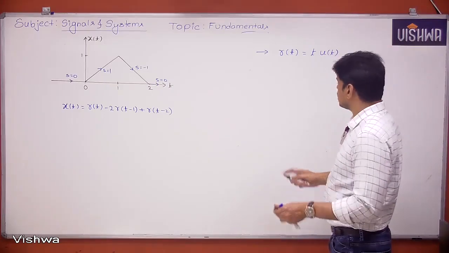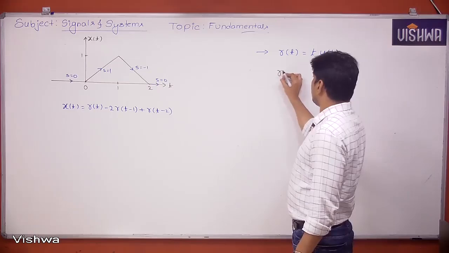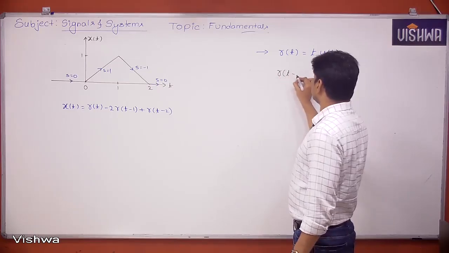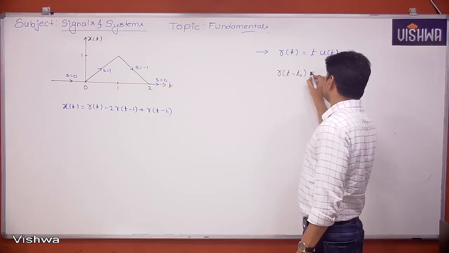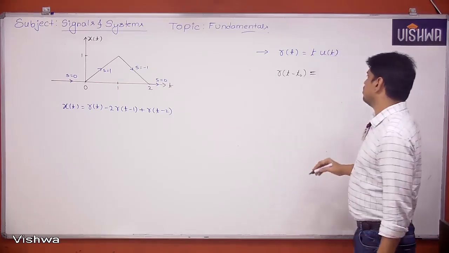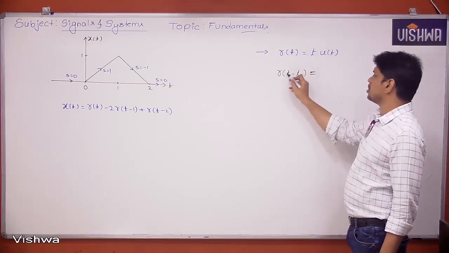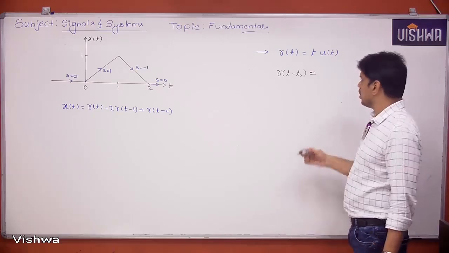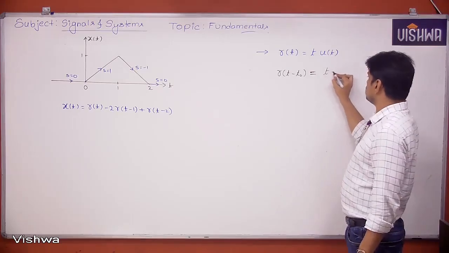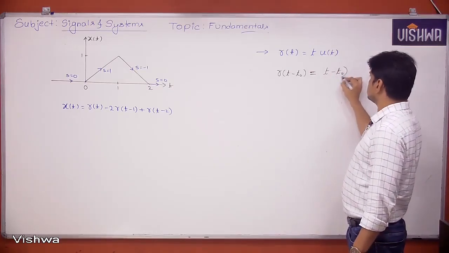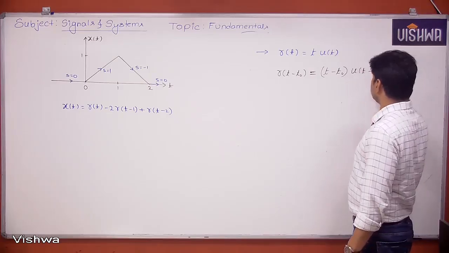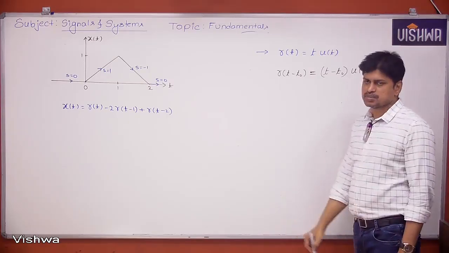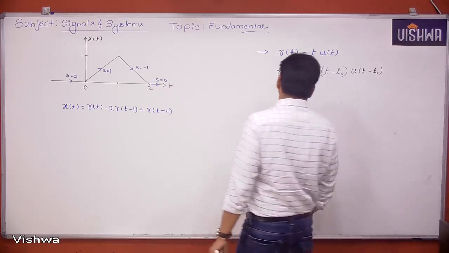If I say r of t minus t naught, can you write in terms of t u of t? Yes. Wherever t is there, that is replaced with t minus t naught. That's what we have to do now. T minus t naught into u of t minus t naught. That is as simple as that. Okay, this is the one thing you have to remember.